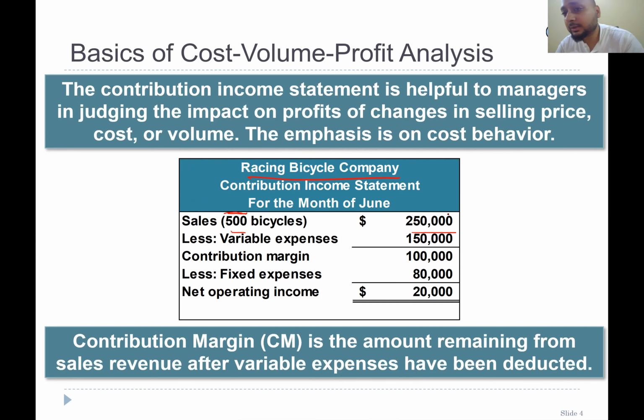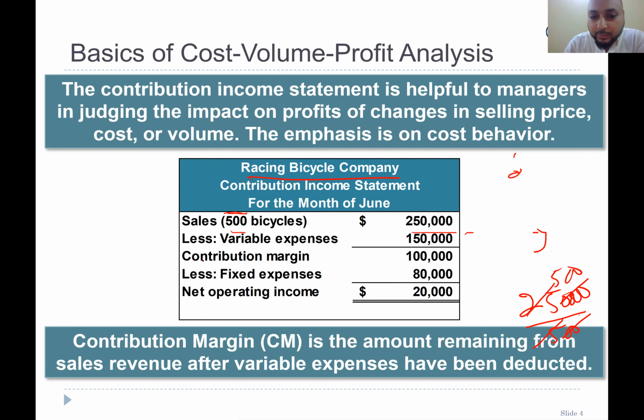Can we calculate the sale price? 250,000 divided by 500, the answer would be 500. So they are selling 500 units at a price of 500. Their variable cost is 150,000.